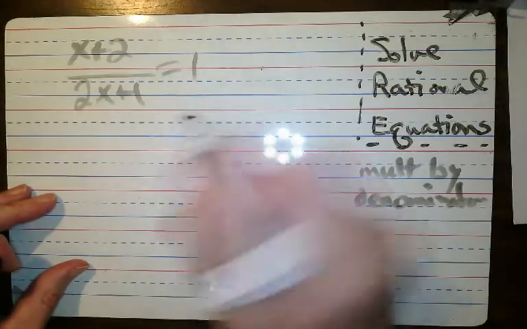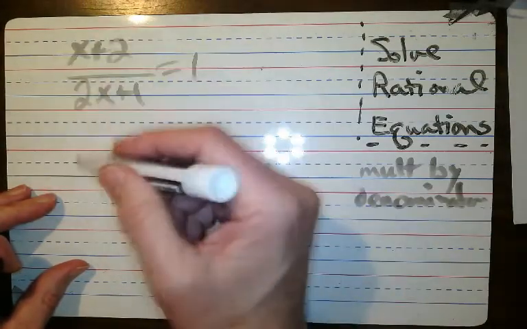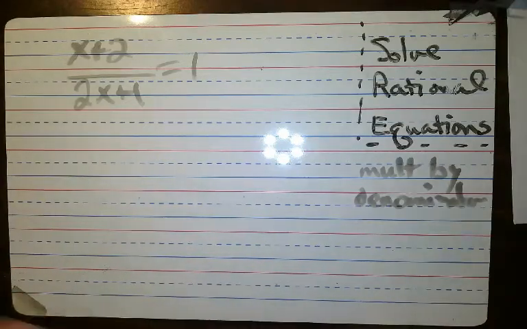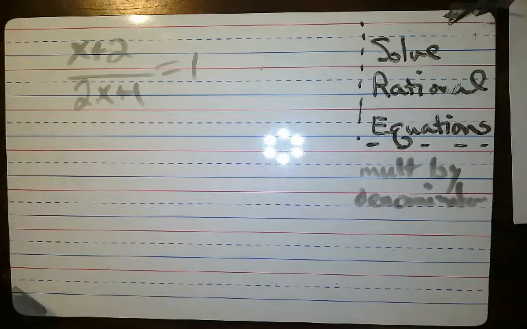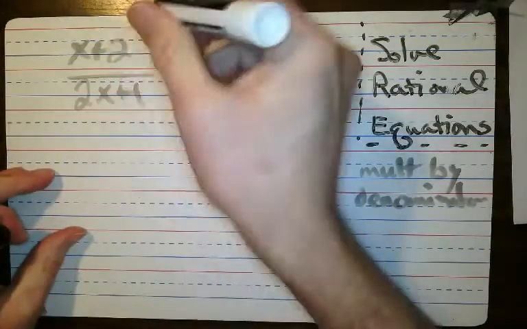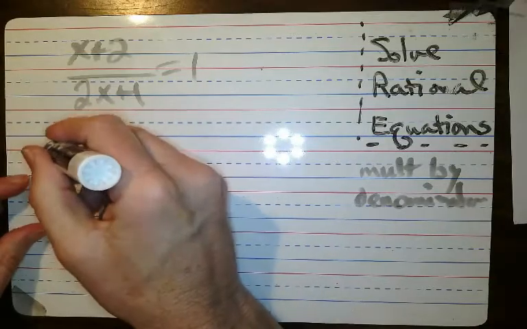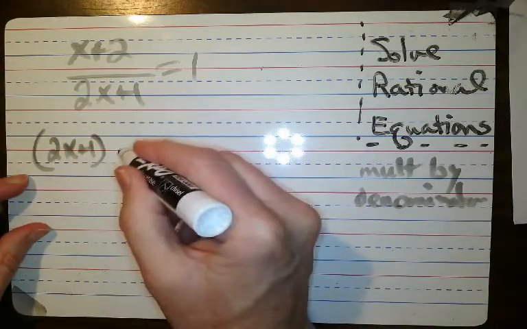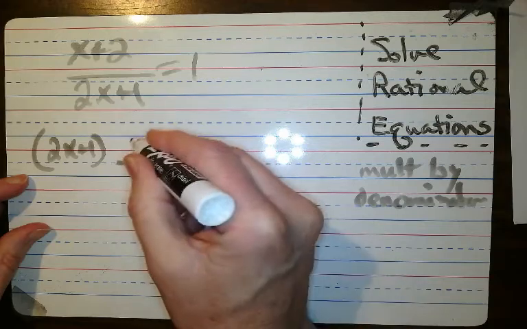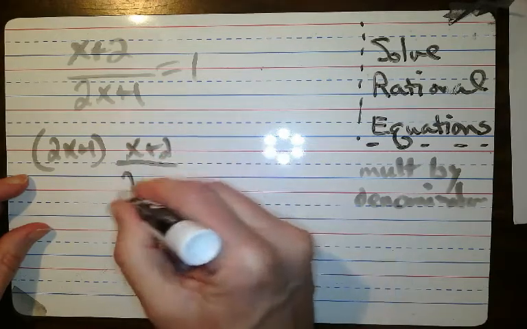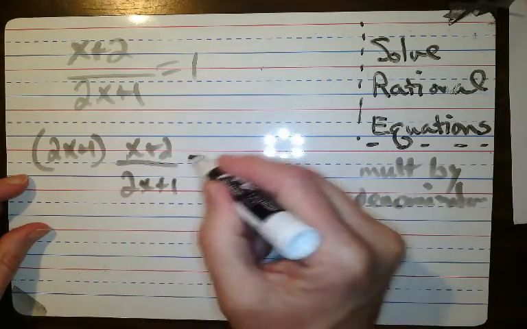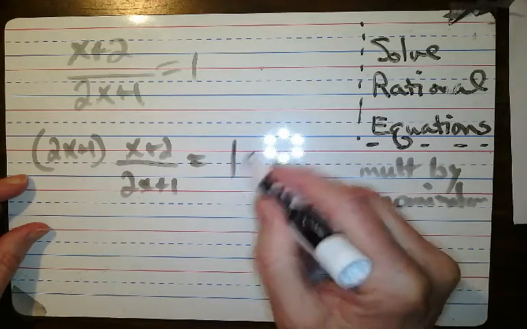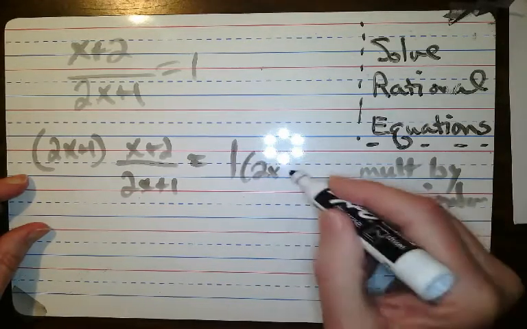When I multiply this side by the denominator, I get 2x plus 1 times the fraction that we have here, x plus 2 over 2x plus 1. And on this side, I've got 1 times 2x plus 1.